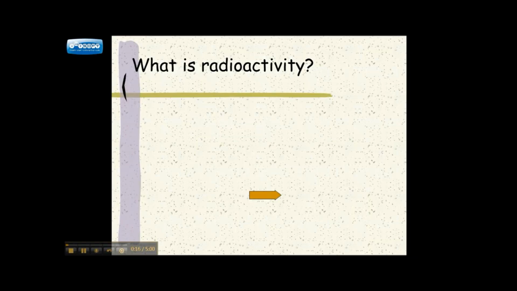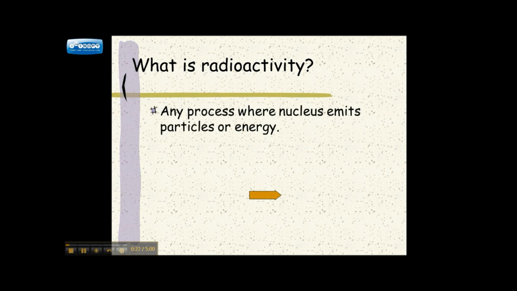So first, what is radioactivity? Radioactivity is any process where the nucleus emits particles or energy. Whenever you think about a radioactive material, the reason it's radioactive is because the nucleus is changing in some way. It's either releasing energy or it's actually releasing particles of some kind. An example is uranium-238.